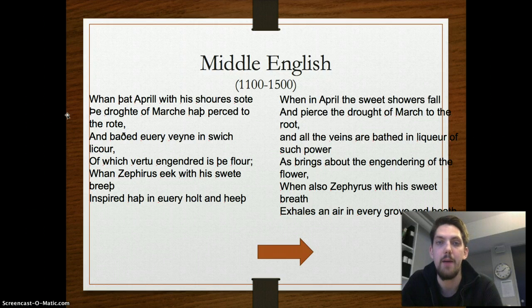When that April with his showres soote, the droghte of March hath perced to the roote. This is some attempt on my part to speak Middle English, but we can see it's very different from Old English, and also very different from modern English.